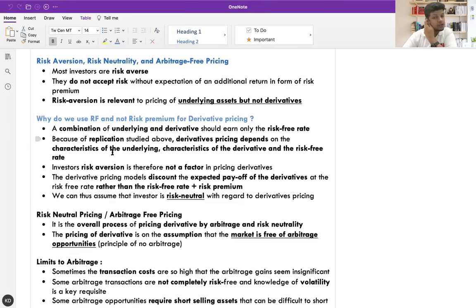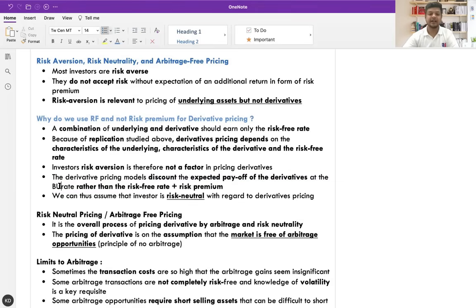Okay. So because of the replication that we just studied, derivative pricing depends on the characteristics of the underlying asset, the characteristics of the derivative, and the risk-free rate. Three things we've combined. Investors' risk aversion is therefore not a factor in pricing derivatives. The derivative pricing models discount the expected payoff of the derivative at what?